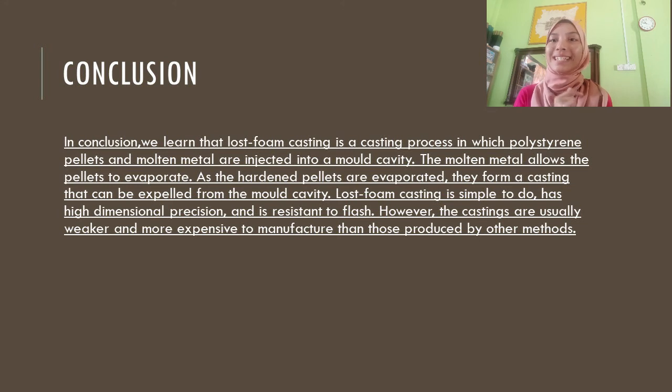Lost foam casting is simple to do, has high dimensional precision, and is resistant to flash. However, the castings are usually weaker and more expensive to manufacture than those produced by other methods. Thank you.